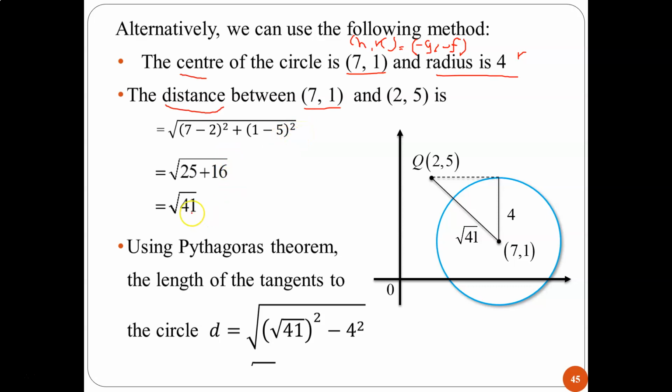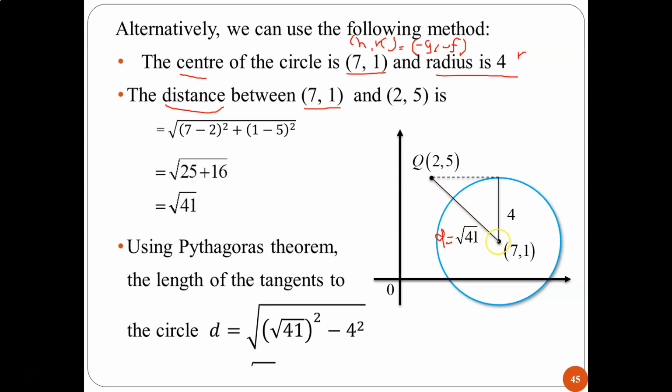So you have this minus this, then squared. So you get square root 41. So this is your distance, the D equal to this one.